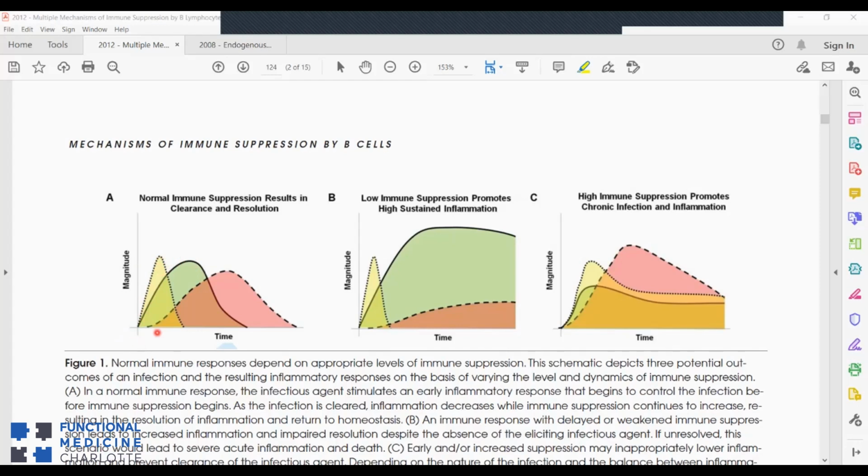And then at an even later time, a different mechanism in the immune system, the pink color, ramps up.